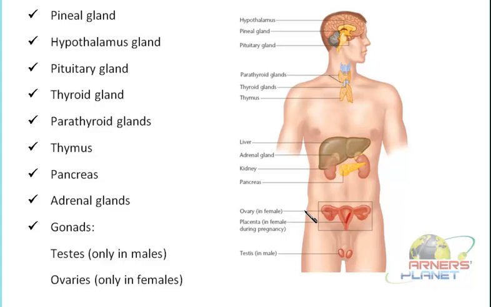Next are the ovary, or the testes in males, and all these are the various glands located in our body. In the previous session we discussed the hypothalamus, pineal body and the pituitary gland, and all these three are located towards the interior side of the brain.